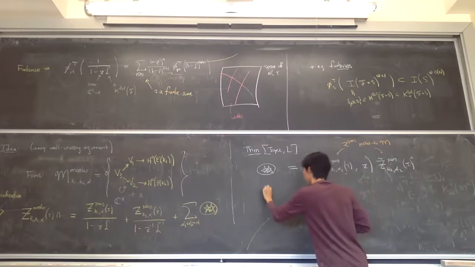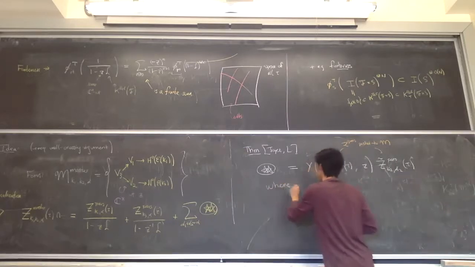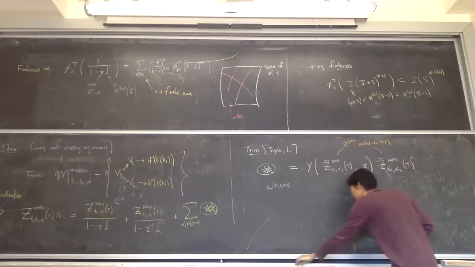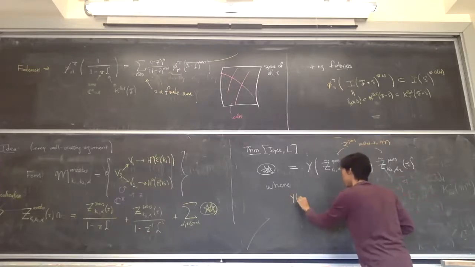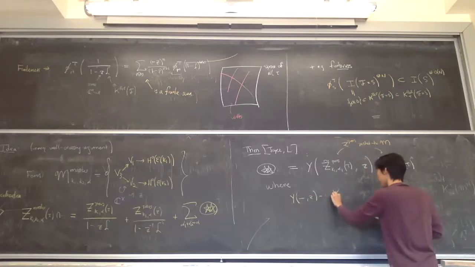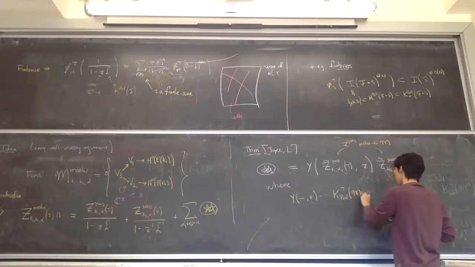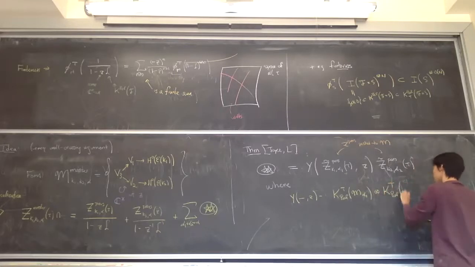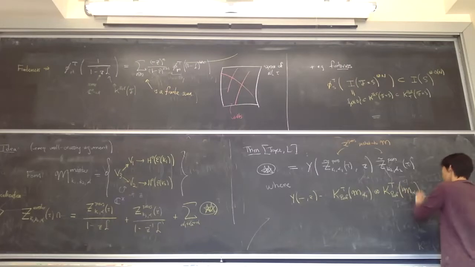So what is this operation y? This y is some operation which eats a thing inside K-homology of M alpha 1. And it eats another thing inside K-homology of M alpha 2.